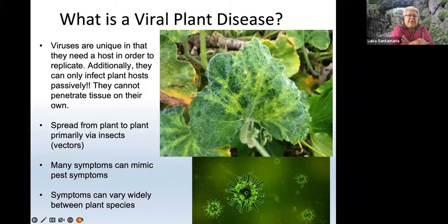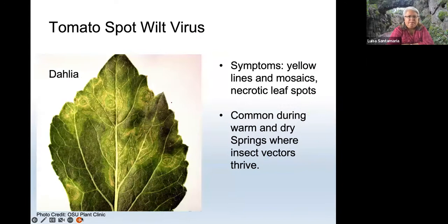Some of the symptoms caused by virus can confuse us because they look like symptoms caused by some insects or other pests. And symptoms could be different among the different plants that are infected by virus. We're going to show a few examples.